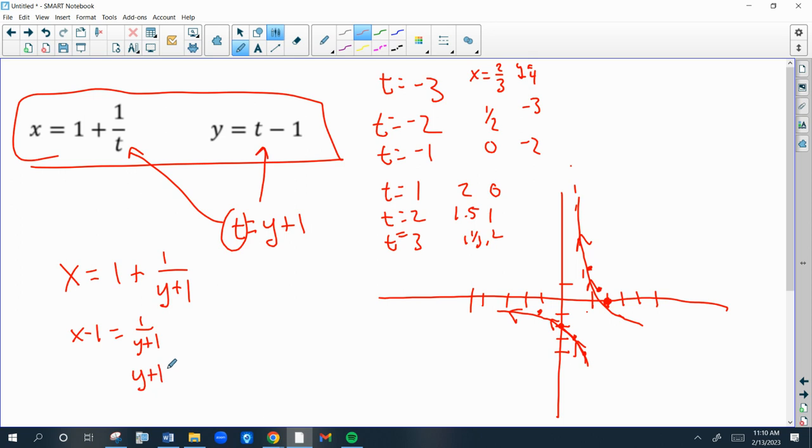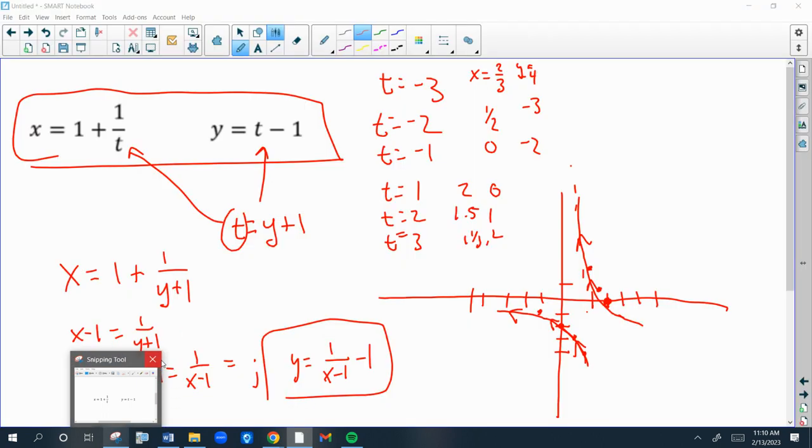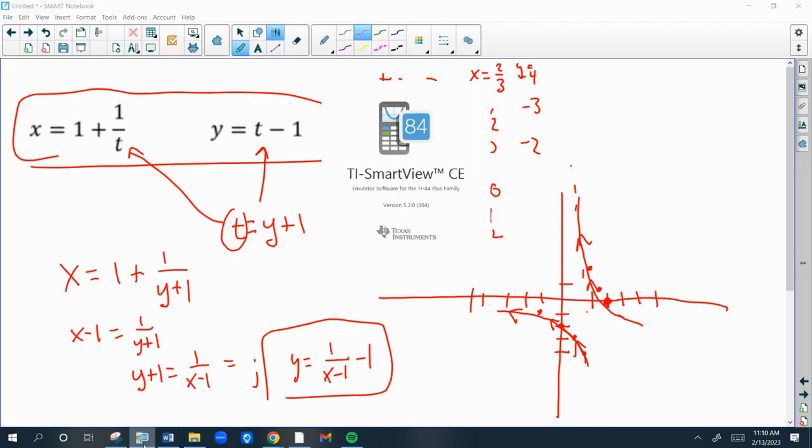Y plus 1 equals 1 over x minus 1. So that tells me y equals 1 over x minus 1 minus 1. So let's just quickly graph that on our graphing calculators to see what it looks like.